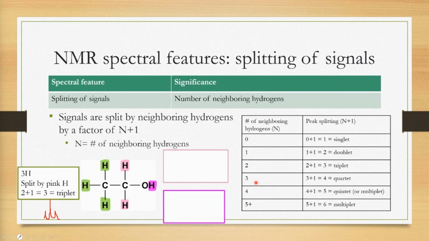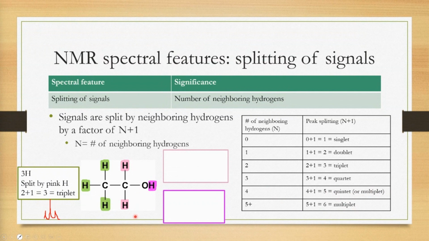If you have 3 hydrogens on neighboring atoms, that signal will split into a quartet, so 4 small peaks. If you have 4 hydrogens on neighboring atoms, that peak will split into a quintet or a multiplet. We use multiplet because once we get to these higher numbers, it's hard to distinguish exactly how many peaks are there. So if you have 4 to 5 neighboring hydrogens, sometimes we'll label it as a multiplet, and sometimes we'll specifically call it out for what it is.